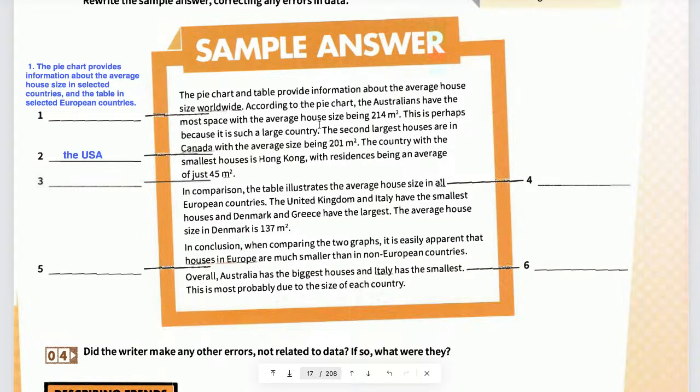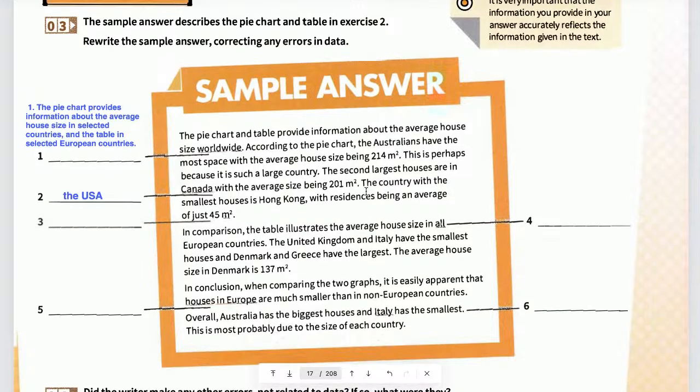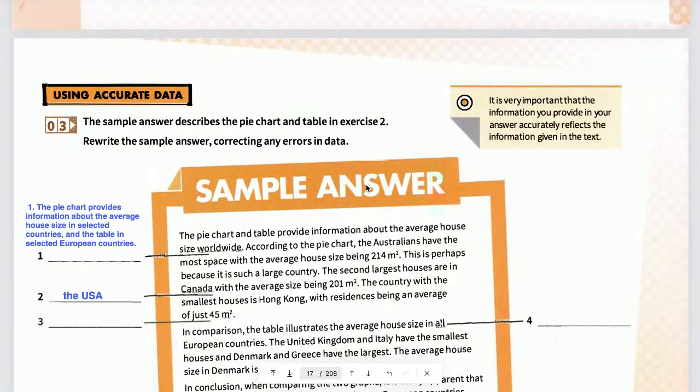Next one: the country with the smallest houses is Hong Kong, with residences being an average of just 45 square meter. Quỳnh Hương, what is wrong here? The country with the smallest houses is Hong Kong, with residents being an average house size of just 45 square meters.